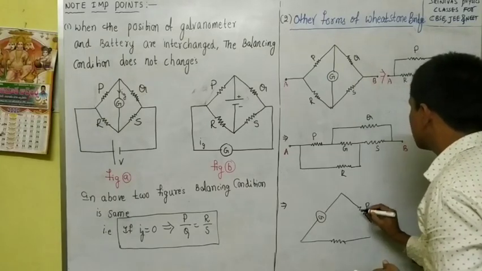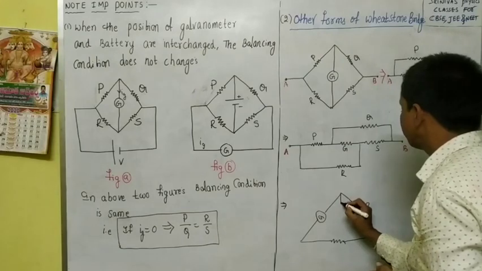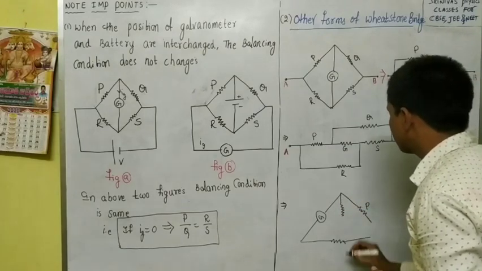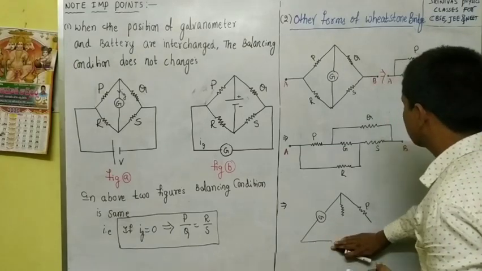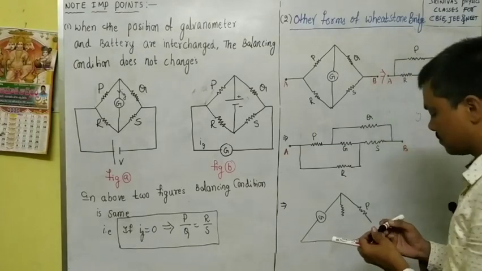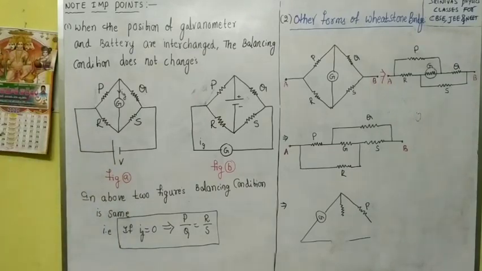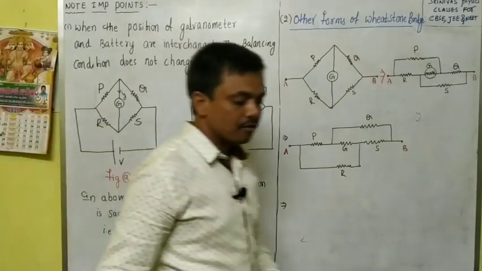This is P. Let us see how to draw the other form of Wheatstone bridge.